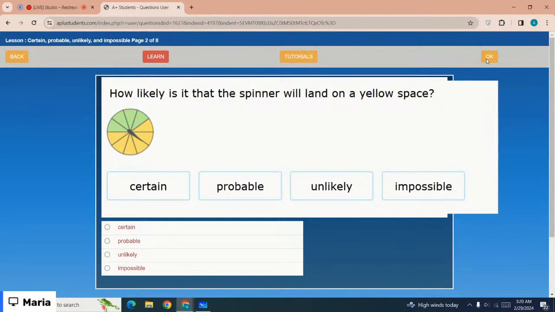How likely is that the spinner will land on a yellow space, which is the correct option? The spinner has total 10 portions, right? Four of the portions are green and six of them are yellow.